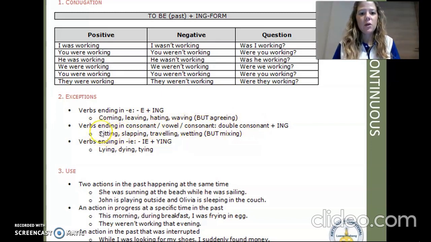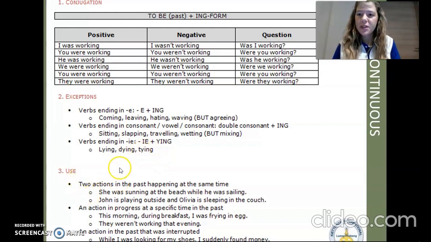Sit, so consonant, vowel, consonant, double the consonant, add ing. Then the verbs ending in ie, you take away the ie and you make it into ing. So lying, dying, and trying.